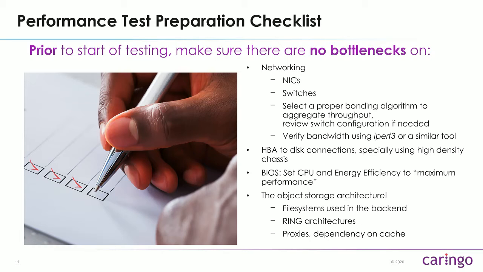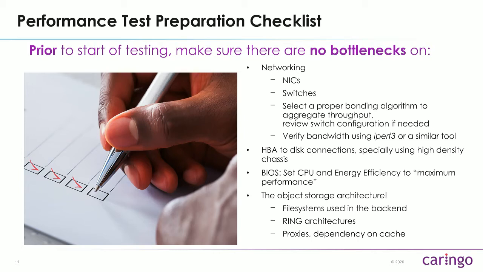Okay, now that you have the real-world example, let's move on to the steps to come up with a strategy to run our own performance testing in object storage. I think the first thing that you have to think of is bottlenecks. We have seen this in the field a number of times already.